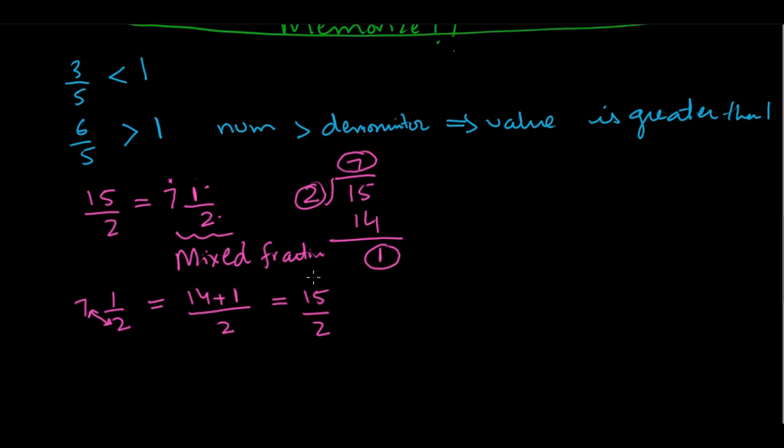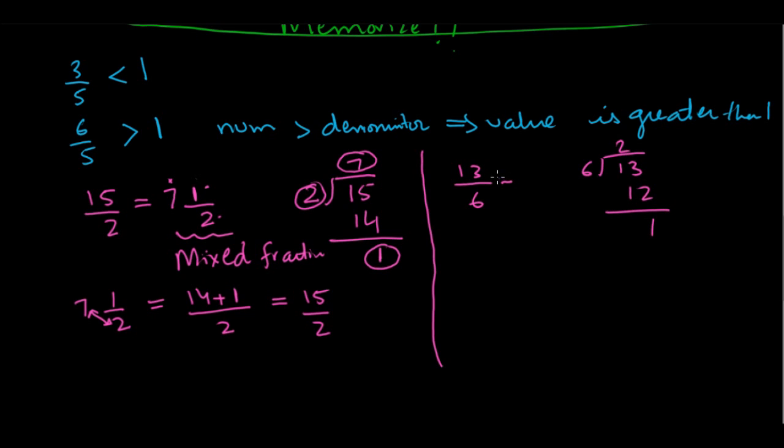Let's do one more. Let's do 13/6. Okay, so let's do the long division. 13 divided by 6. So 6 times 2 is 12. The remainder comes to 1.